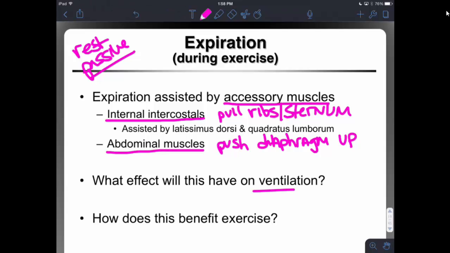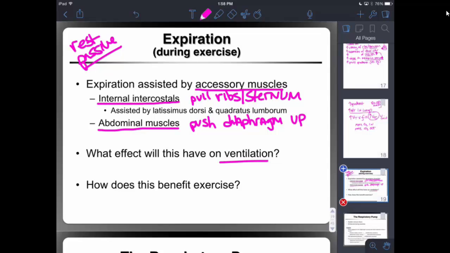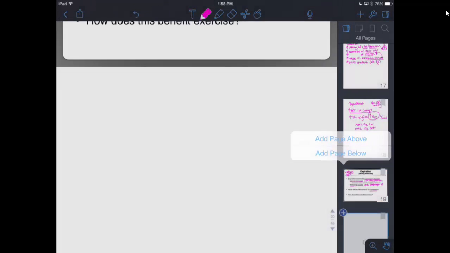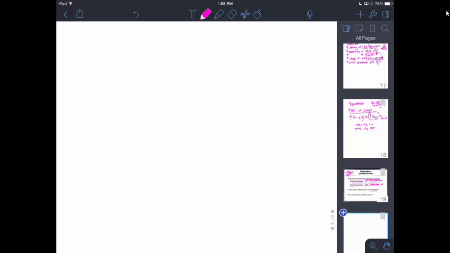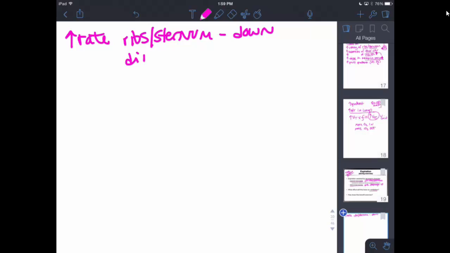Okay? So what effect does this have on ventilation? You're going to get an increased rate of ribs, sternum dropping, and diaphragm raising, okay?